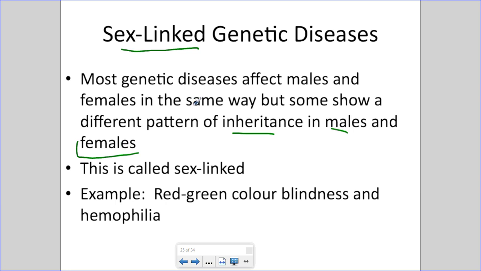In sex-linked genetic diseases, the pattern of inheritance shows up differently in males and females, and this is due to the fact that these affected genes are carried on the sex chromosomes, so these are referred to as sex-linked genetic diseases. Examples include red-green color blindness, where males are way more affected than females, and hemophilia.